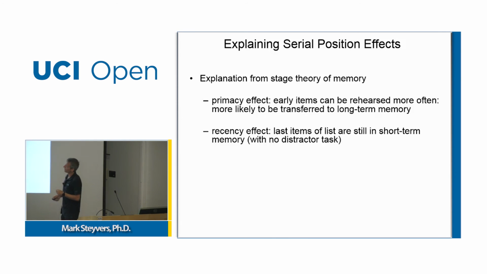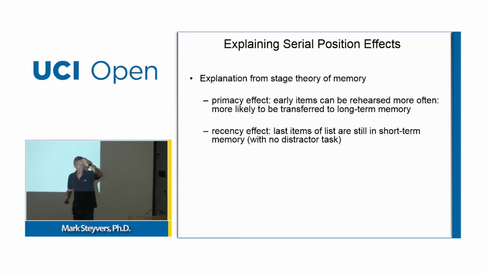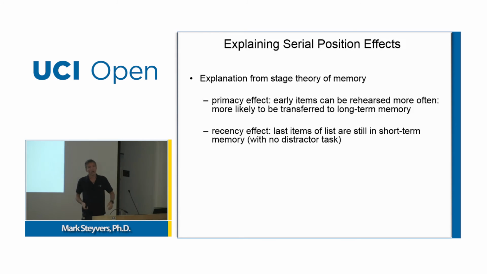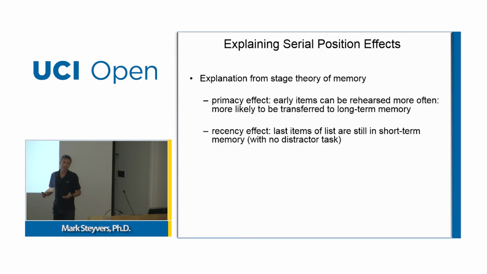So that explains the primacy effect. The recency effect is based on just reading out items directly from short-term memory. So if you are immediately asked after the last item, what do you recall? Well, the clever thing to do is just recall the things that are fresh in your memory, the last items from the list.